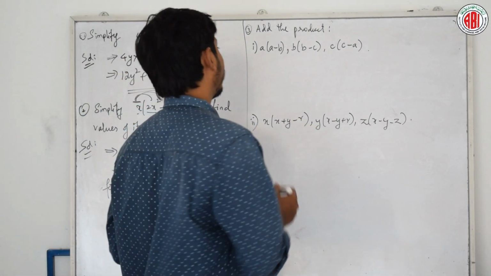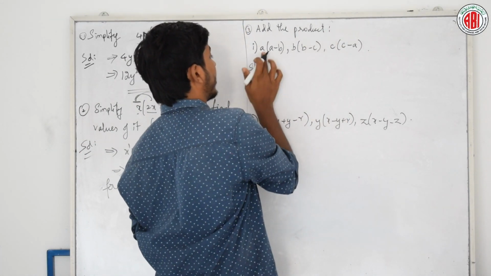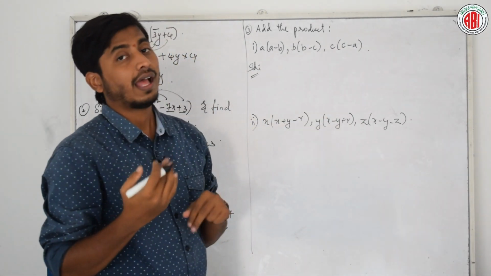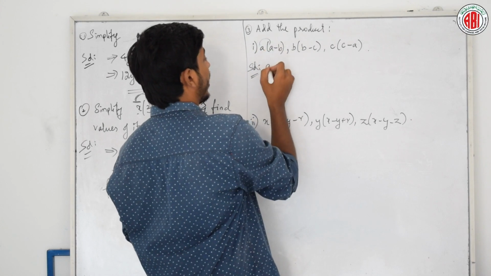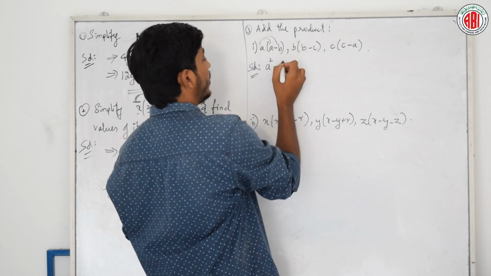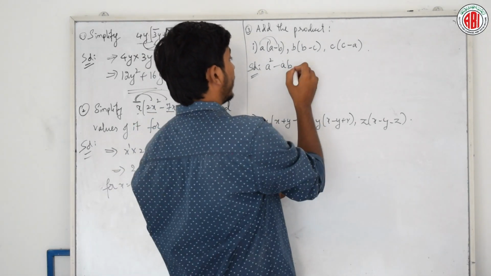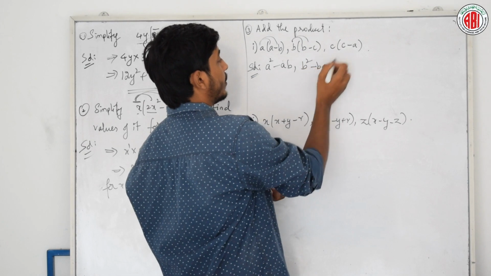See here. He is asking to add the product. That is, we have to find the products of all, and next we have to add them. Now see here. a into a square, a into b, ab. And next b into b, b square, b into c, bc.